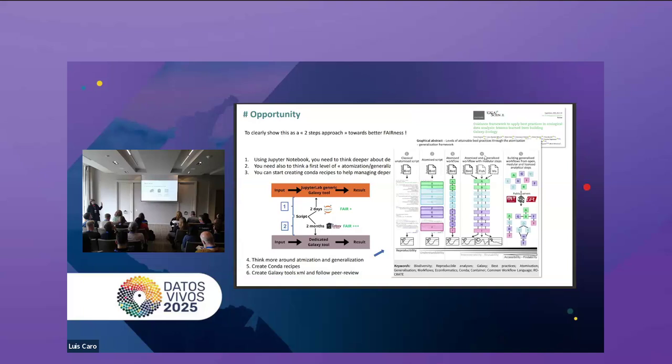Just to briefly mention the paper we published this year. After 8 years, we took our time to be sure that we have enough information about the interest of Galaxy for ecology.